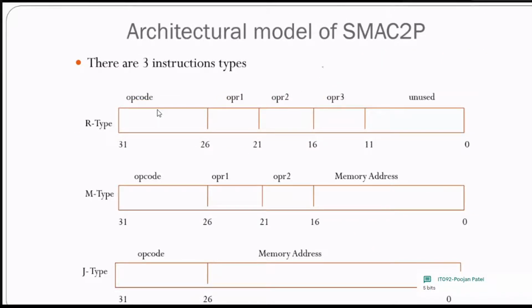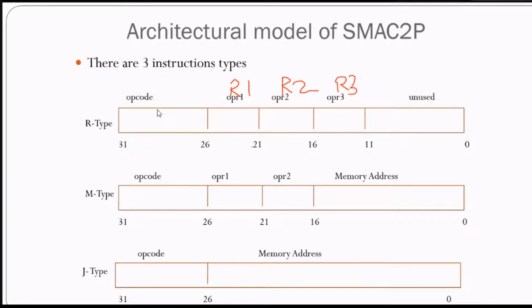So आपका कोई operand आपको यहाँ पे mention करना है R1, तो आपको 5 bit use करने होंगे. Suppose you want to mention operand 1 as R1, operand 2 as R2, and operand 3 as R3. So if you want to mention any operand, then you require just 5 bit.